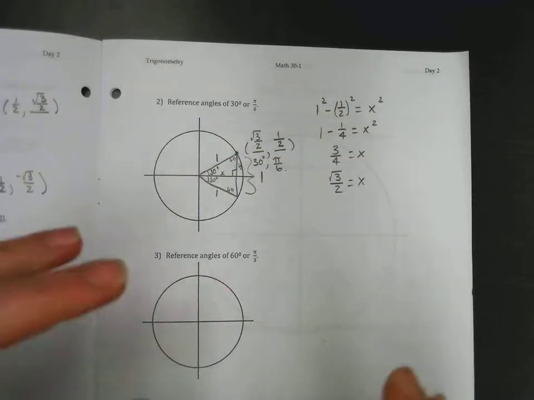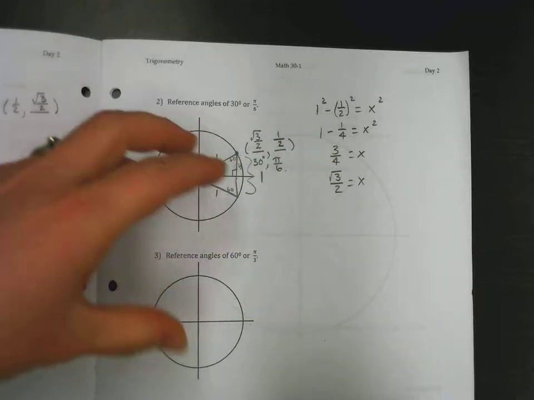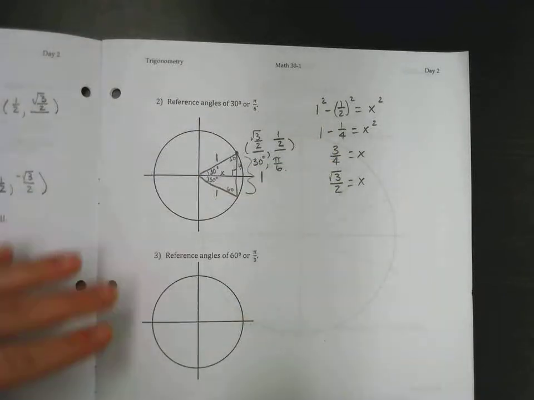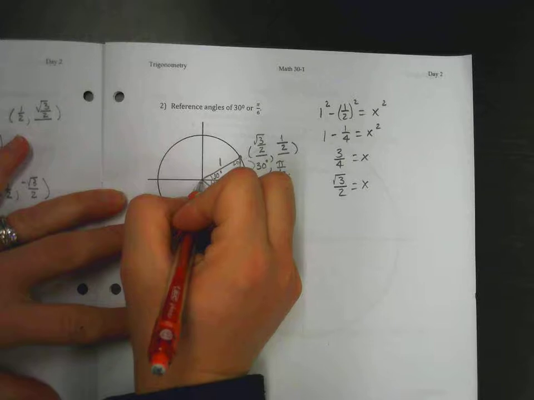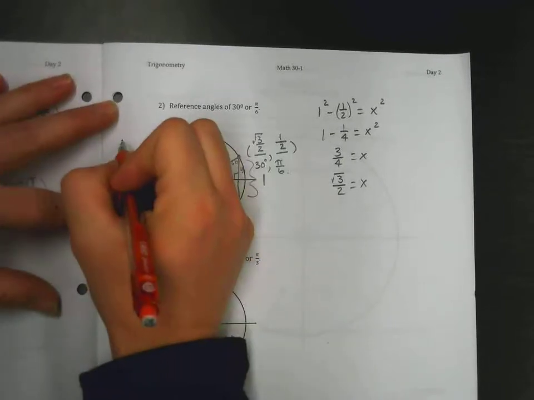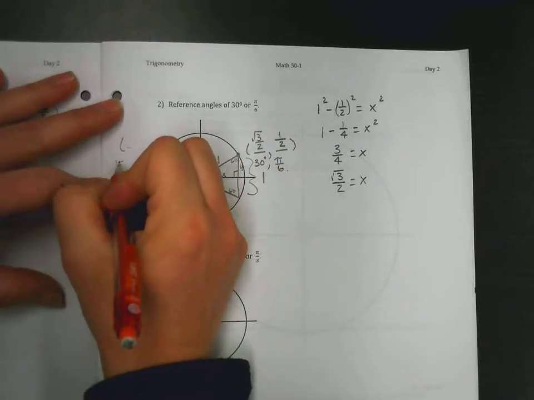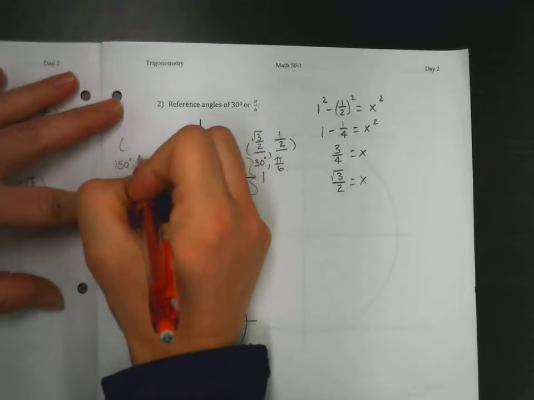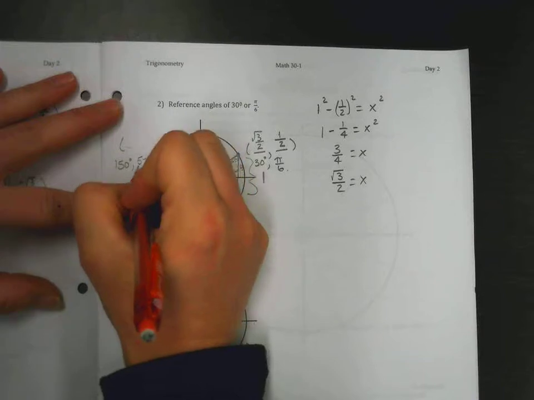All right, so now we're going to create these mirror images, or rotate around our unit circle. So I can create this exact same point here at 150 degrees or 5 pi over 6 radians.